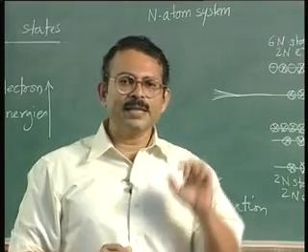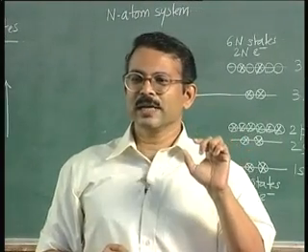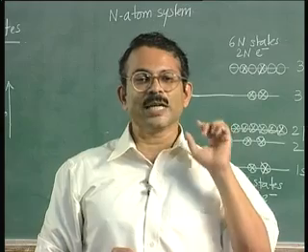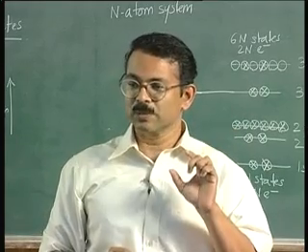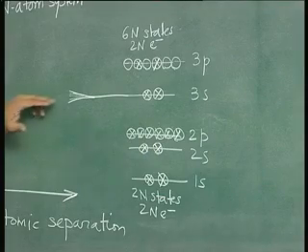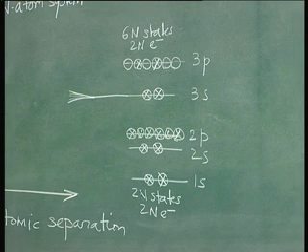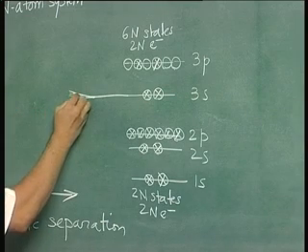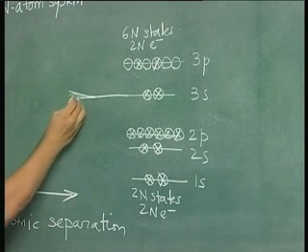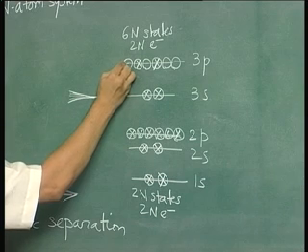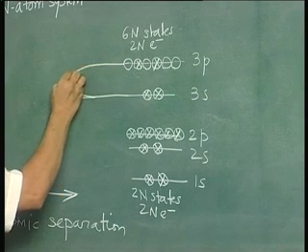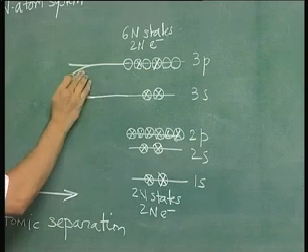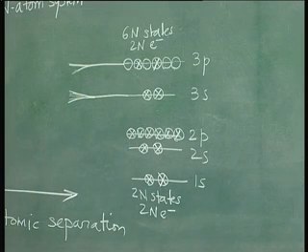But since n is very, very large, in silicon, for example, 5 into 10 power 22 atoms per centimeter cube, these various levels will be so close to each other that we can almost regard them as forming a continuous band. So we do not show the levels as discrete; it is as though they are spreading into a band. Similarly, the same thing happens here, so it tends to spread into a band.